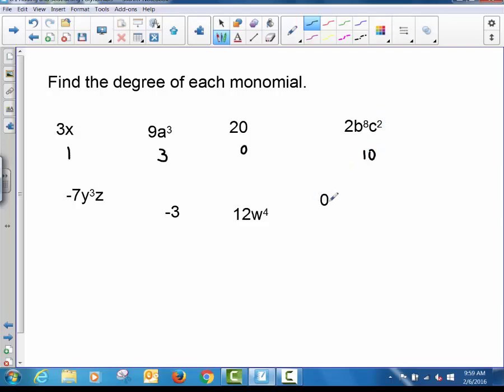Once again, no variable, so that means that the degree is 0. The degree on this one is a 4. The degree on this one is a 0. And finally, the degree on this one is a 4. How did you do? I bet you got all of them. Well, maybe with the exception of the numbers by themselves that you had not seen before. But I hope that you got those too.